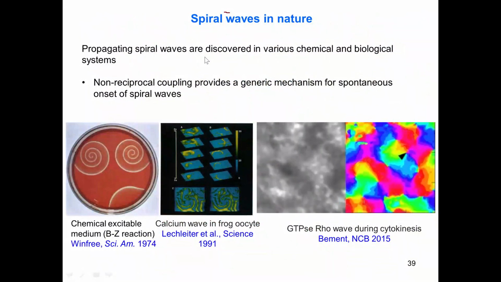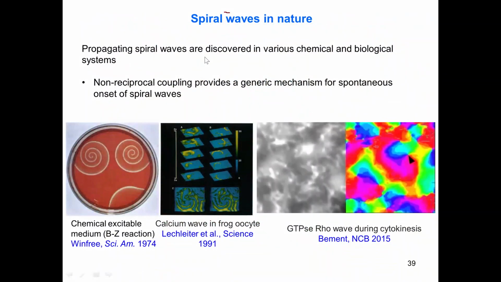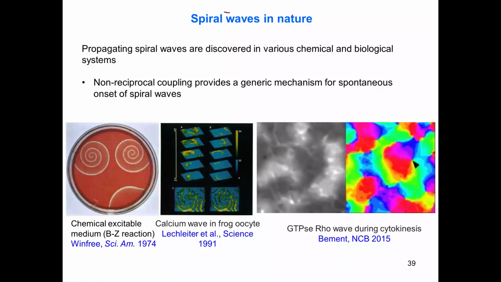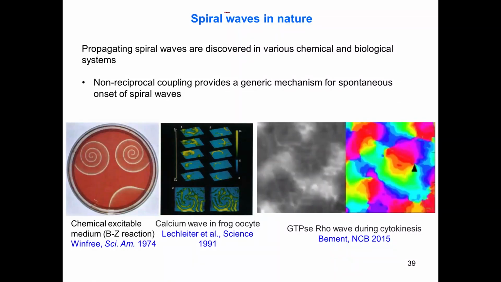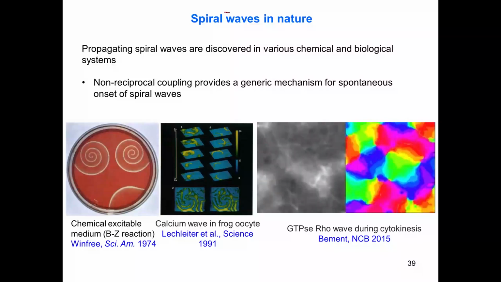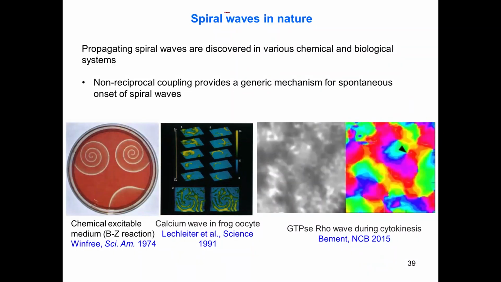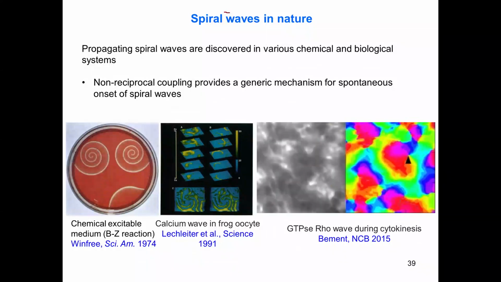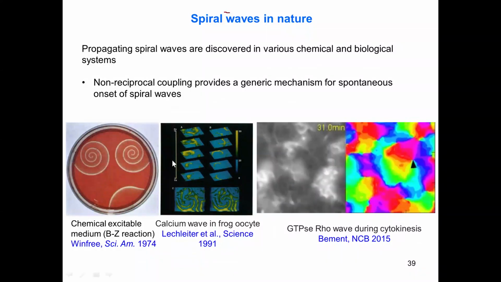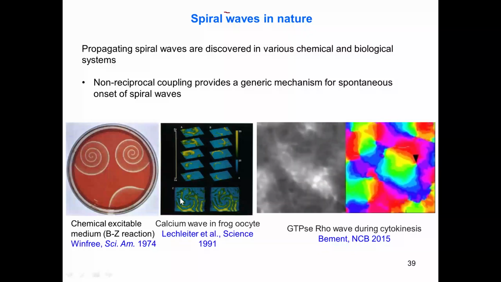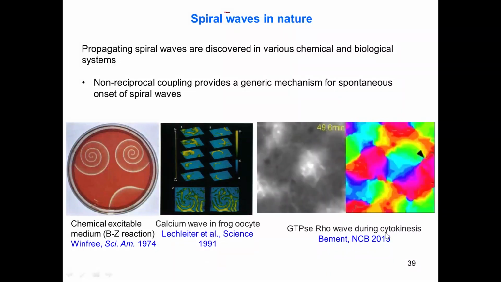All right, what's the implication of this spiral wave? In many systems, including non-equilibrium chemical reactions and biological systems, we can observe spiral waves, as shown in this array of images here.